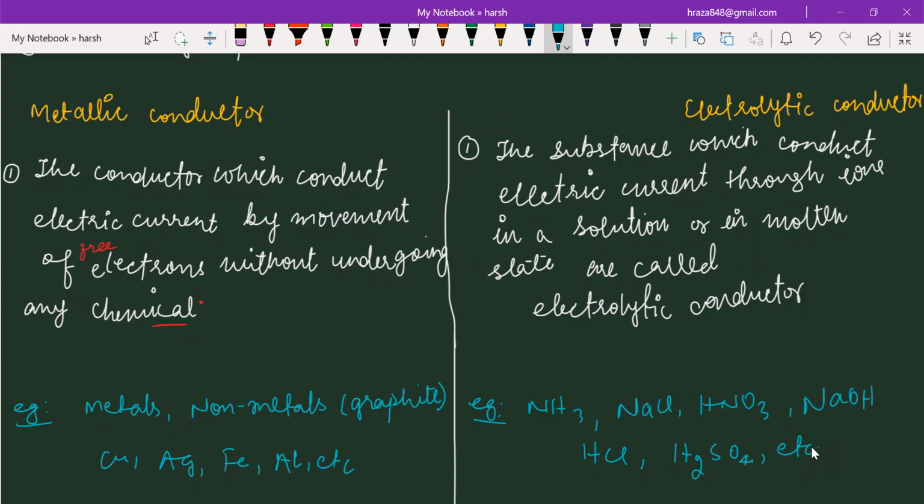So this is a small definition. Basically, we will distinguish in the next step.